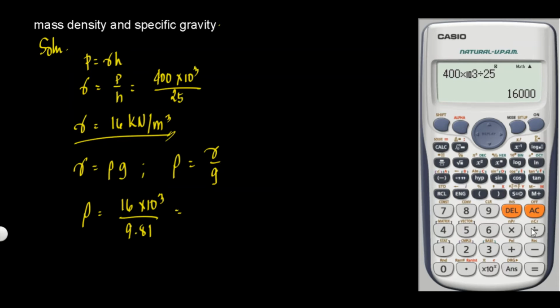So let's divide this by 9.81. We get 1,631. Round up na natin, no? 1,631 kilogram per meter cube. How about the specific gravity?